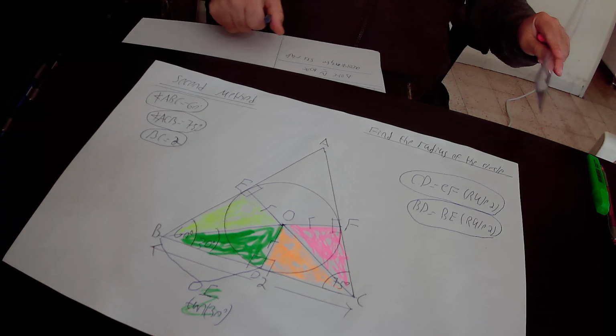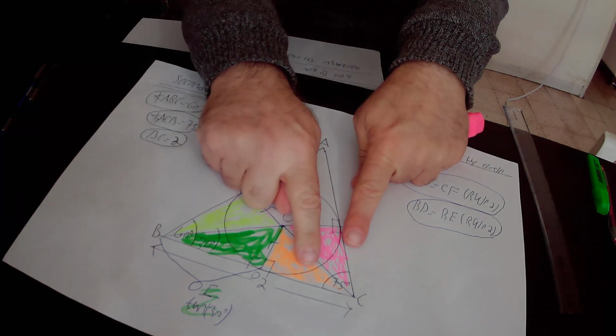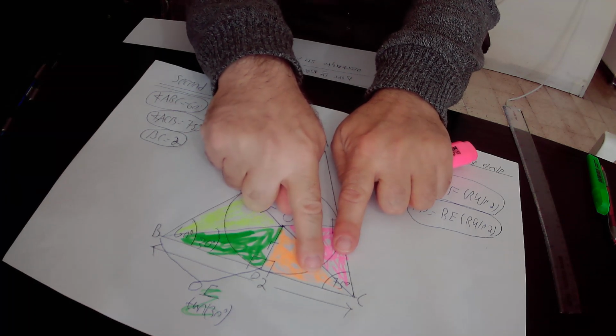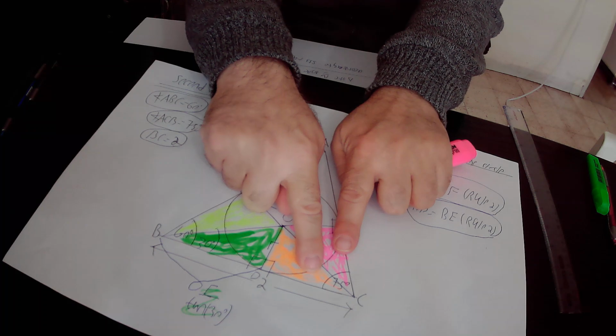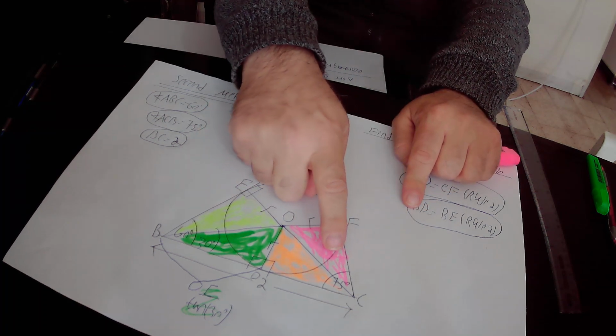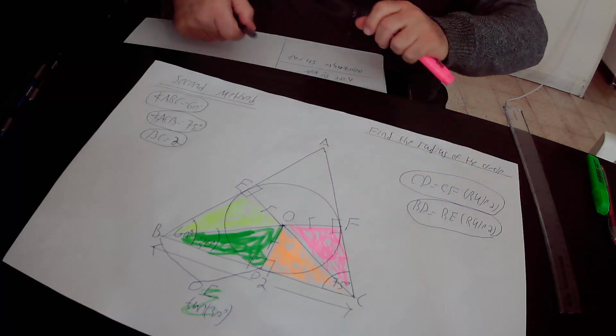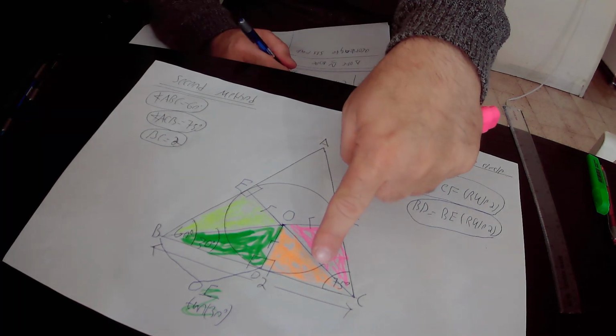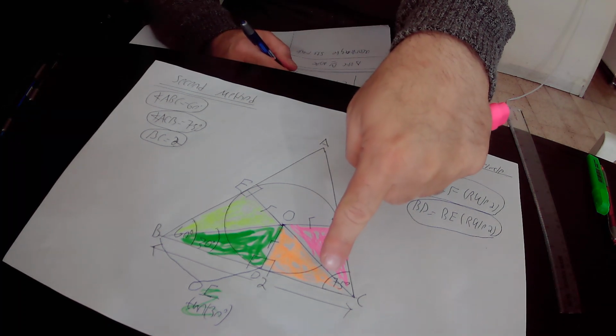And from the fact that those two triangles are congruent, we derive that those two angles must also be equal to each other, according to the rule that corresponding angles in congruent triangles are equal. So this is angle FCO, and it equals angle OCD.